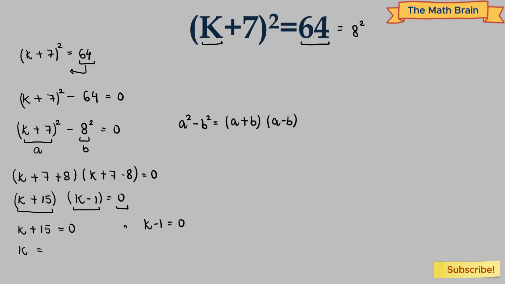From here, the value of k will be −15, by taking this 15 to the right hand side, k = −15, and taking this 1 to the right hand side, k will be 1. So the values for this k are −15 and 1.